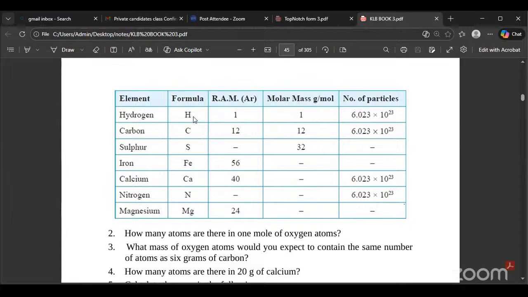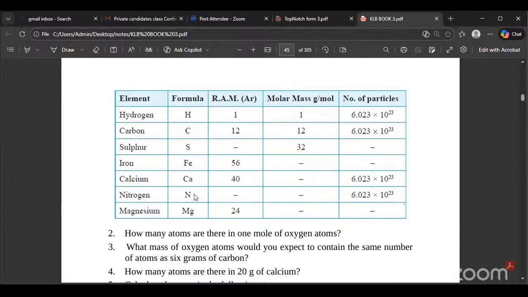So for example, hydrogen is capital H, carbon is capital C, sulfur is capital S. Now, I'm not interested in those that have one letter. I'm interested in those that will bring problems. For example, iron, which is in form 2, is normally denoted by F and a small e. Calcium maintains its name, Ca.